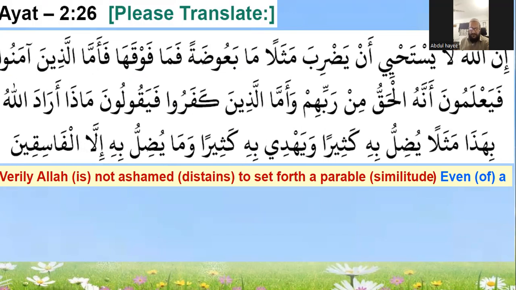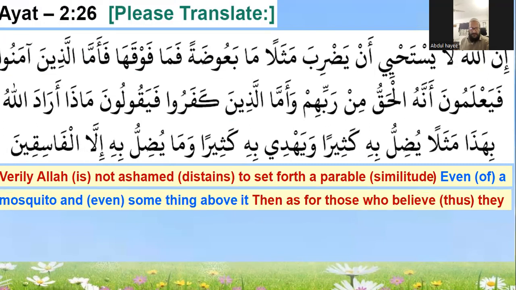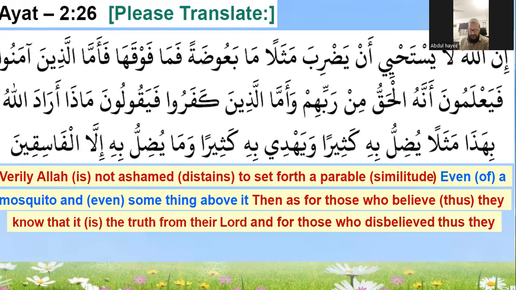Yes, what is the translation? Verily, Allah is not ashamed, disdains to set forth a parable, similitude, even of a mosquito, and even something above it. Then, as for those who believe, thus they know that it is the truth from their Lord.